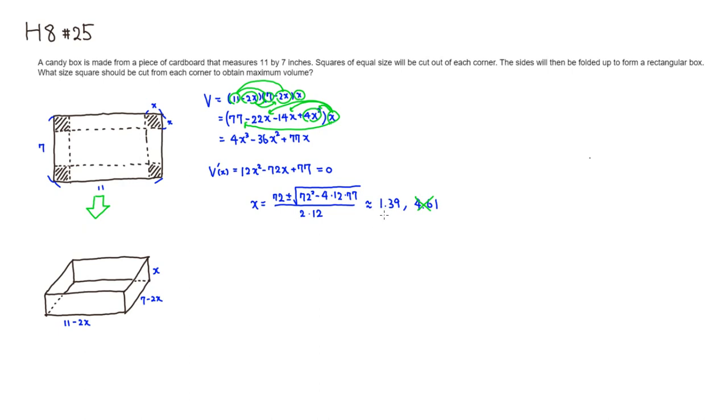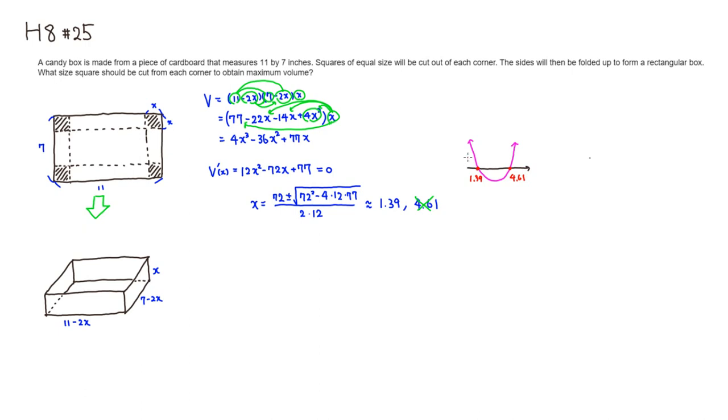Since this is a parabola, I can see the ballpark shape. The derivative is a parabola facing up, and you can see that this point is 1.39 and this point is about 4.61.